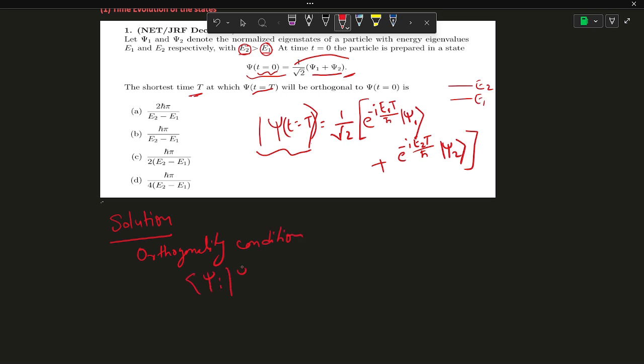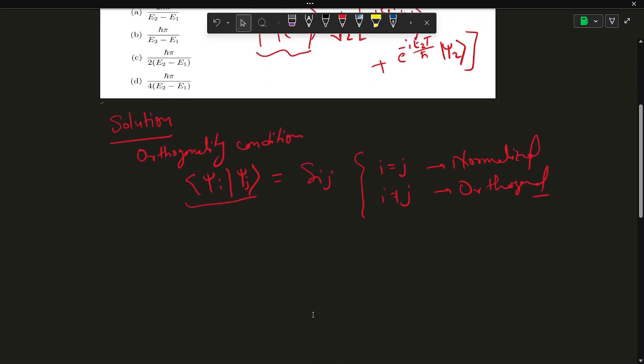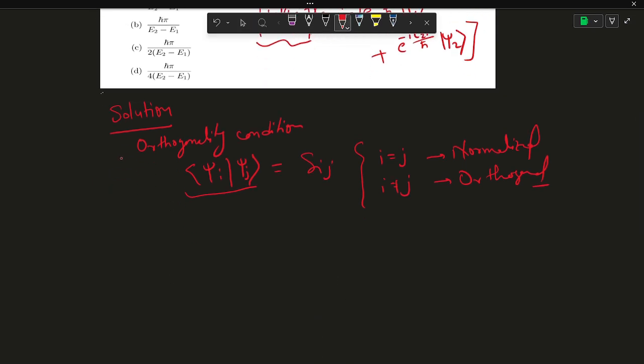Using the orthogonality condition: what is the orthogonality condition? The scalar product of psi i and psi j is equal to delta ij, which is 1 when i equals j, normalized, and 0 when i is not equal to j. So let's go and solve this question.